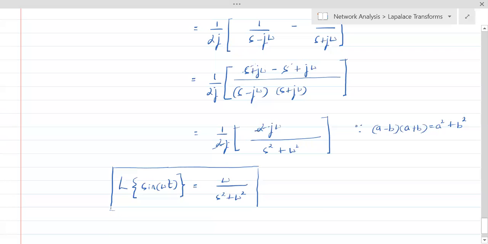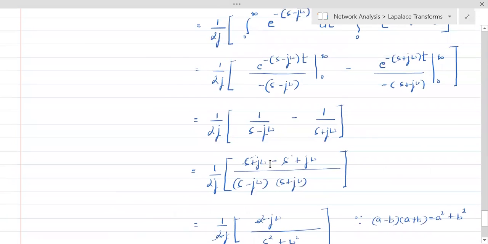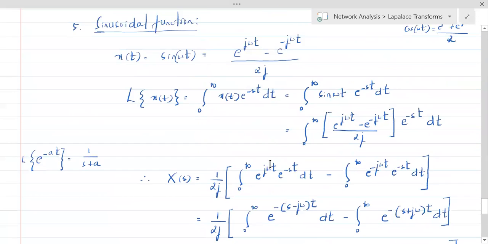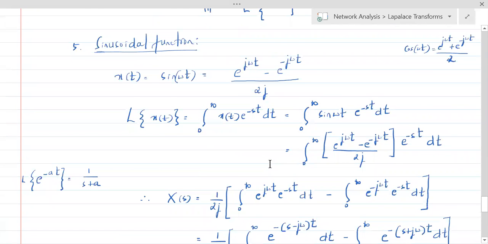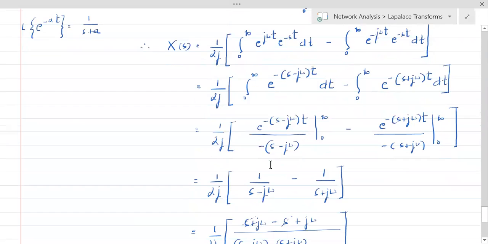Now, I'll give you a list of such basic signals. Suppose we have cos omega t, what we have to do is in this form only. Likewise, we can have the Laplace transform of many basic signals or combinations of basic signals.